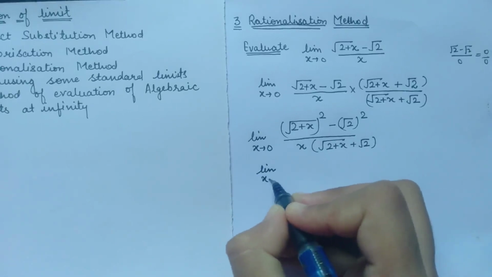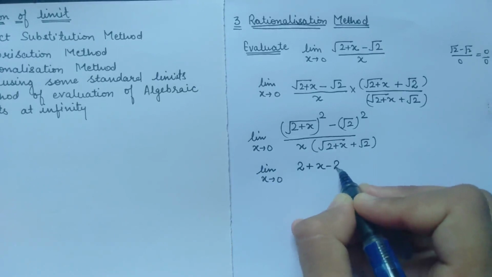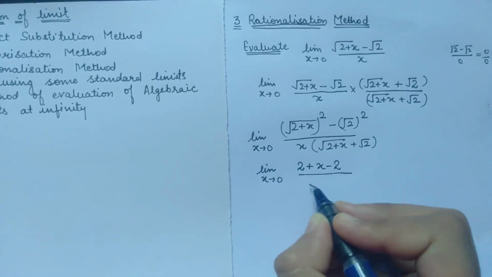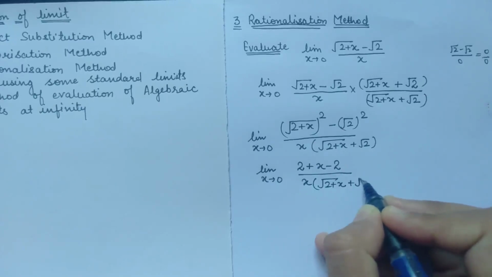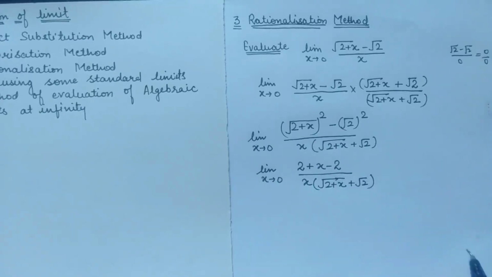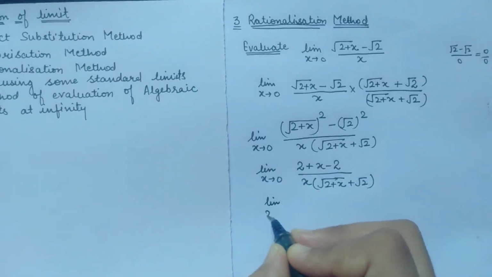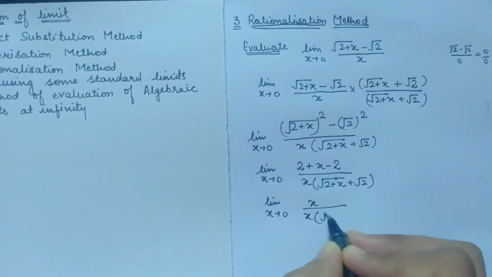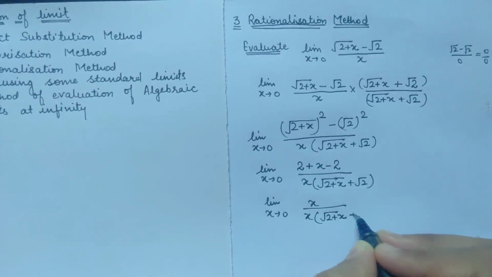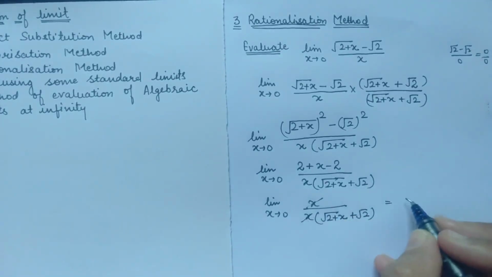On simplifying, it will become limit x tends to 0, (2 plus x minus 2) divided by x, multiplied by (root of 2 plus x plus root 2). 2 plus 2 and minus 2 will cancel out. Limit x tends to 0 will become x divided by (root of 2 plus x plus root 2) multiplied by x. x and x will cancel out.